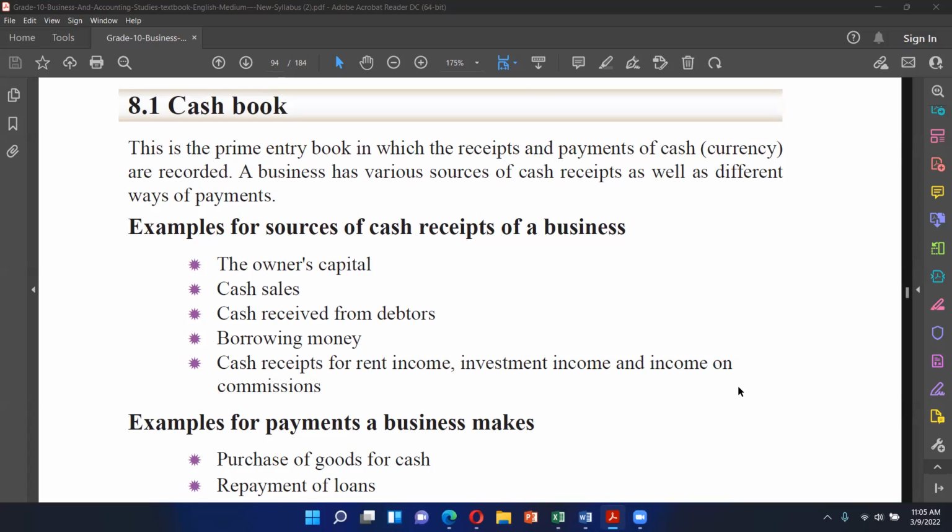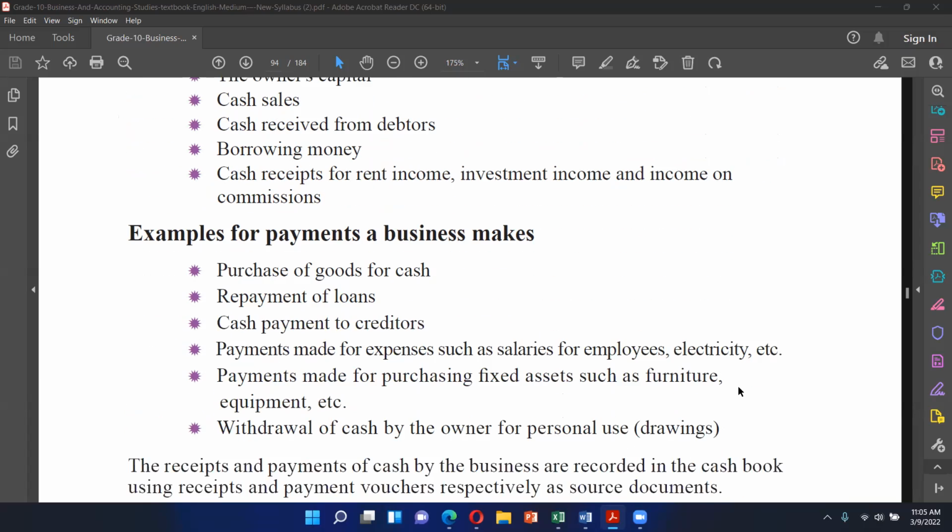As opposed to cash receipts, you will have cash payments. Cash payments are cash outflows. You buy goods and pay cash, we call them cash purchases, you pay your loan installment, you pay your creditors, you pay your expenses, you acquire non-current assets and make the payments, and the owner withdraws money from the business.